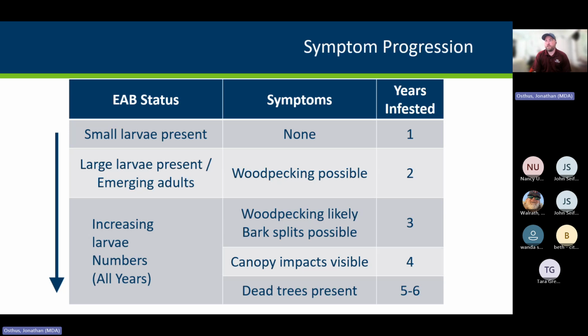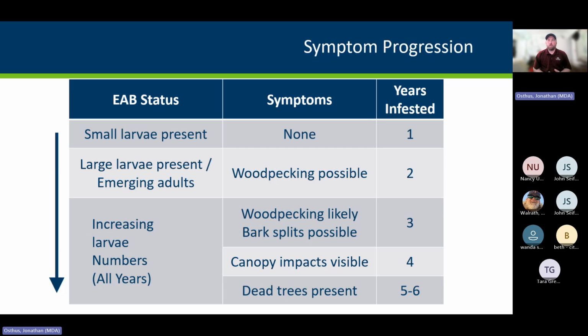It's really in that third year of infestation, with each year having more emerald ash borer building up in that tree, that you're very likely to have woodpecking on several parts of branches throughout the mid canopy of the tree. You might see some bark splits. If you're very keyed in on canopy health, you likely start to see some thinning of the canopy at this point.